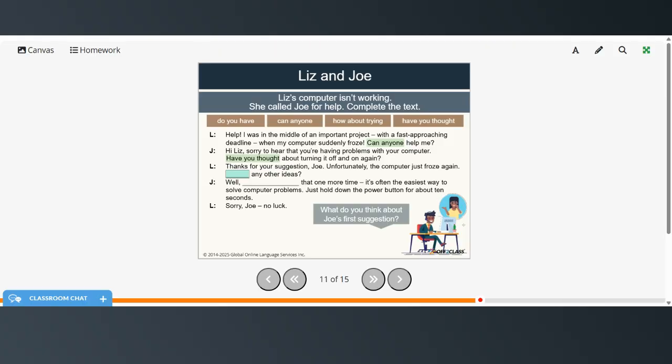Thanks for your suggestion, Joe. Unfortunately, the computer just froze again. Do you have any other ideas? Well, how about trying that one more time? It's often the easiest way to solve computer problems. Just hold down the power button for about 10 seconds. Sorry, Joe, no luck.